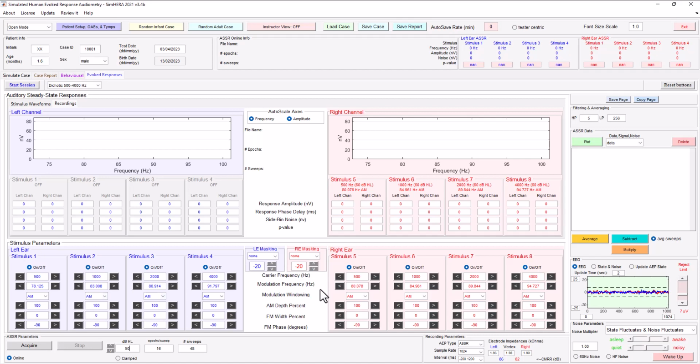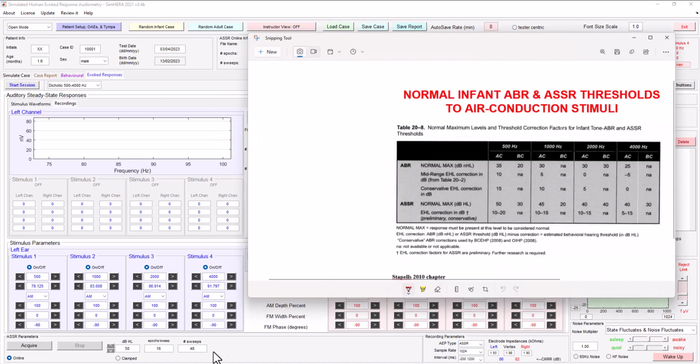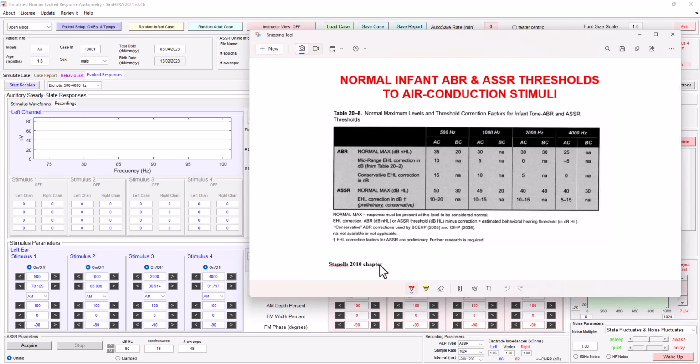So for each run or recording, we're going to use 50 dB for all the different frequencies, the 500, 1000, 2000, and 4000 Hertz in both ears. And that is based on the Stapells 2010 chapter recommendations for the normal max levels.